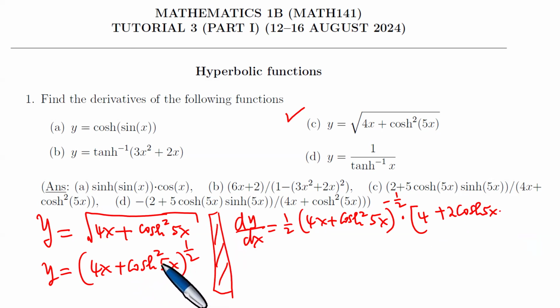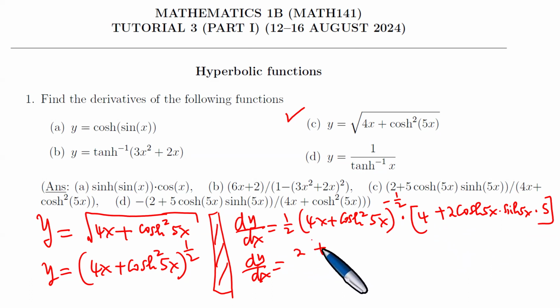Then the derivative of the cosh itself is the hyperbolic sine. The derivative of the 5x gives us only 5. So dy/dx: 2 cancels. 4 divided by 2 is 2, and you cancel that. And then you have the 5 that is going to come out of that. But obviously, now this half here is in the denominator. So it's going to be half of 4 is 2 plus half.